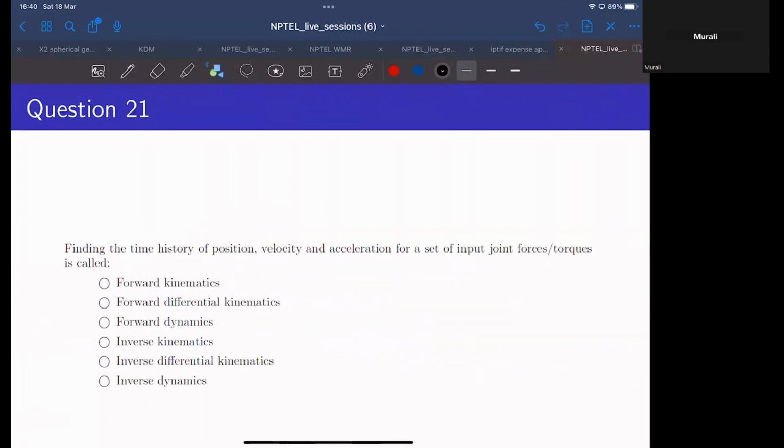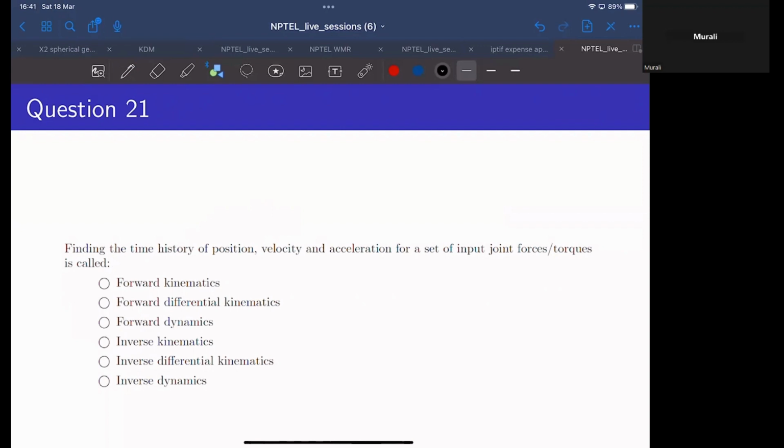And for question 21, it says finding the time history of position, velocity, and acceleration for a set of input joint forces or torques is called forward kinematics, forward differential kinematics, forward dynamics, inverse kinematics, or inverse differential kinematics.